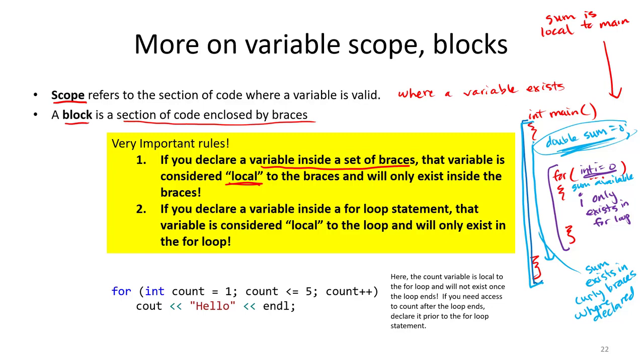And then I is local to the for loop because I will only exist in that for loop. What that means is that if we declare a variable inside the for loop statement, like this letter I, that letter I is local to the loop, and it will only exist inside the loop.